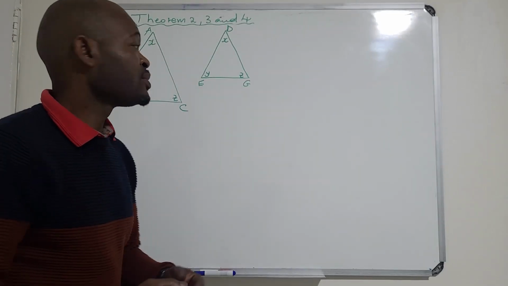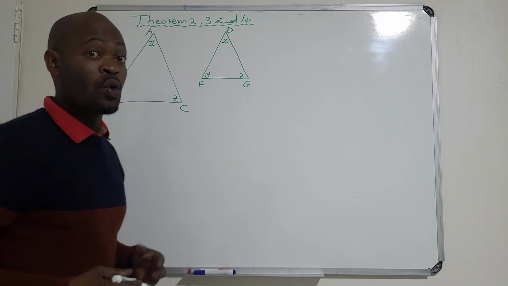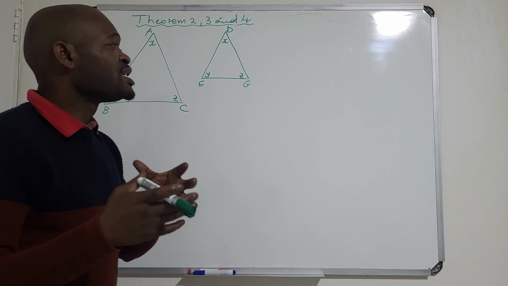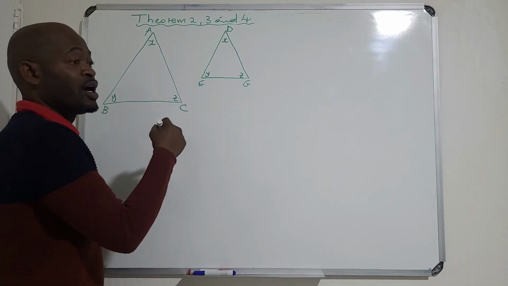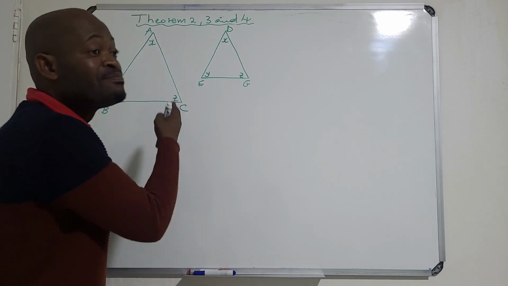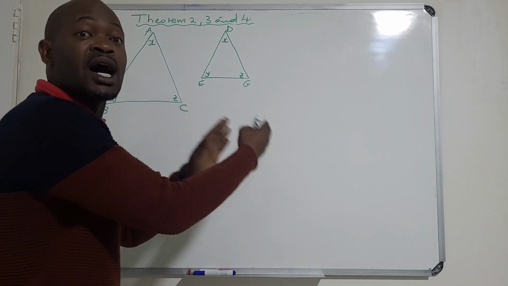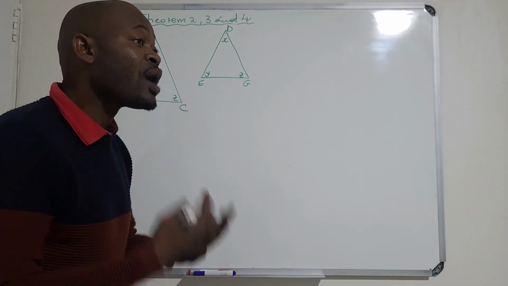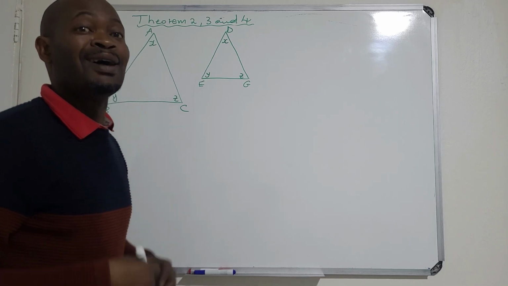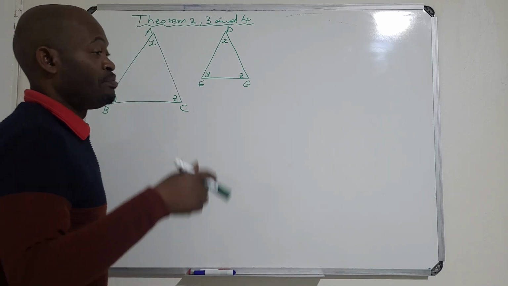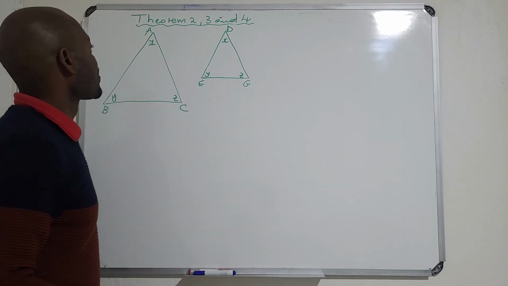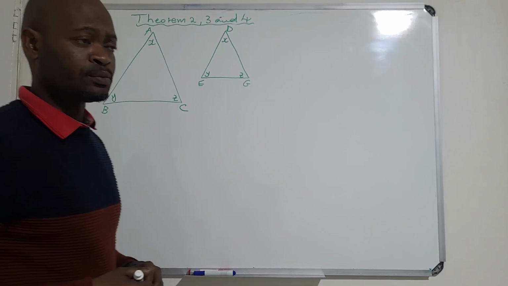Therefore, the theorem states that if two triangles are equiangular, then they are similar. When we say they are similar, it means that when the corresponding angles of two triangles are equal, then the corresponding sides will be in the same ratio. That is why we are saying that if two triangles are equiangular, then they are similar. By they are similar, meaning that sides are in proportion. Now, that's theorem number 2.